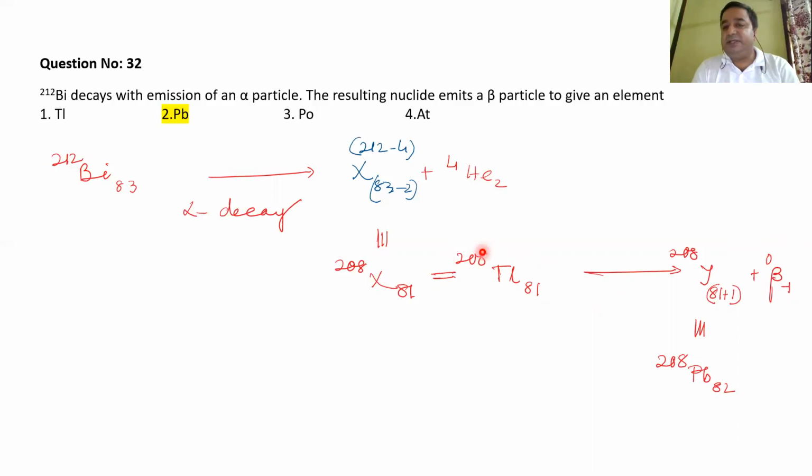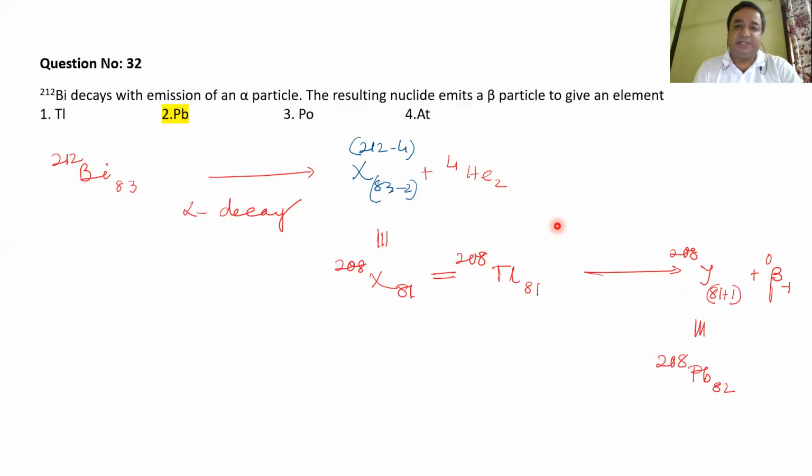However, the mass number will remain unchanged because for the loss of a neutron, we have already compensated with a proton. So if we say that to be Y, then this gives us the mass number as 208 and the atomic number is going to be 82. Looking at the atomic number 82, our answer is going to be lead.